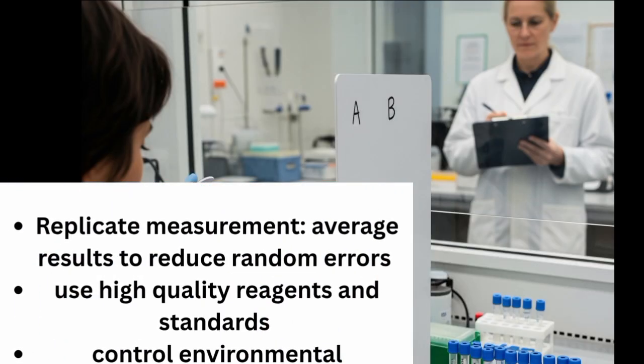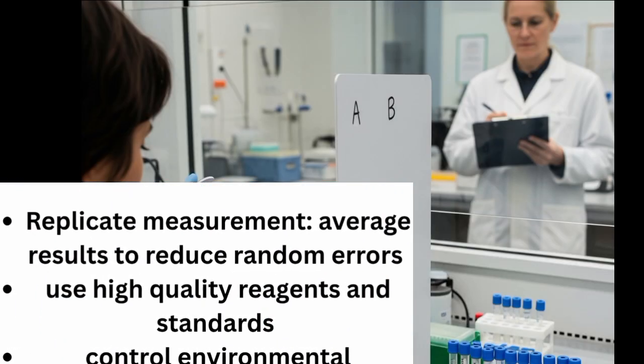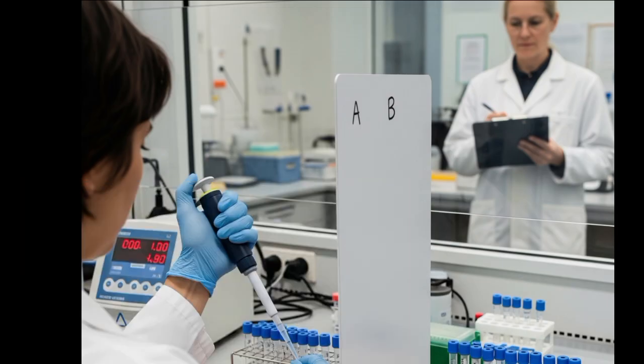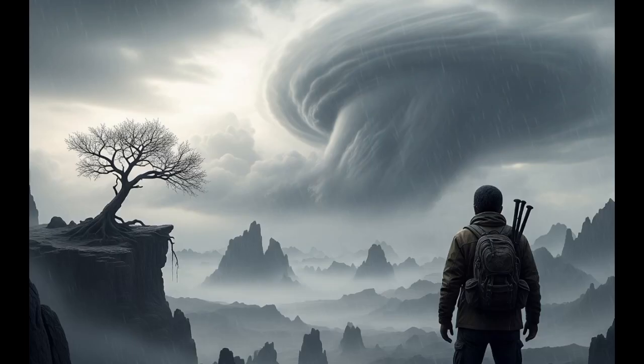The third one is to replicate measurements and average results to reduce random errors. The fourth point is to use high quality reagents and standards, because expired reagents and chemicals affect the measurement. The other one is to control environmental conditions. For random error, the cause is also unknown.